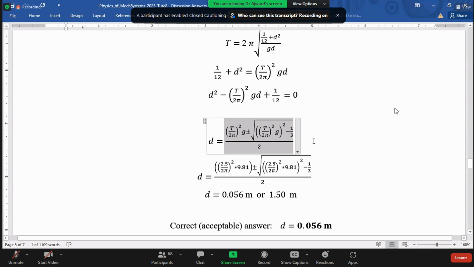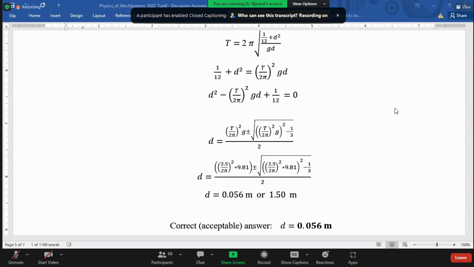Right. Remember the solution for the quadratic equation. You can find it even from the internet. You just have to type in: solution of the quadratic equation.